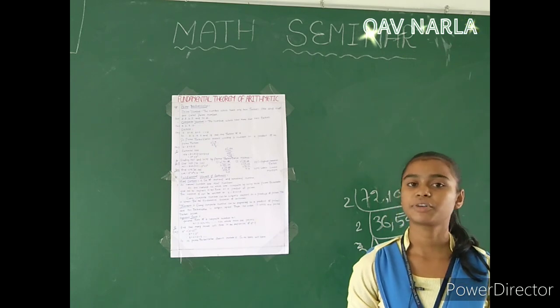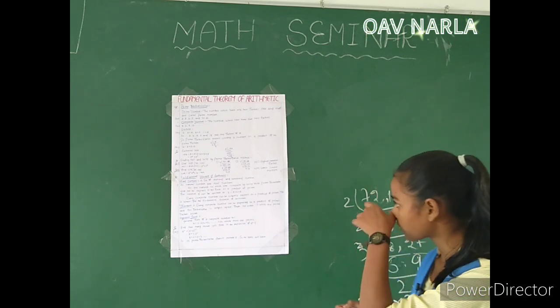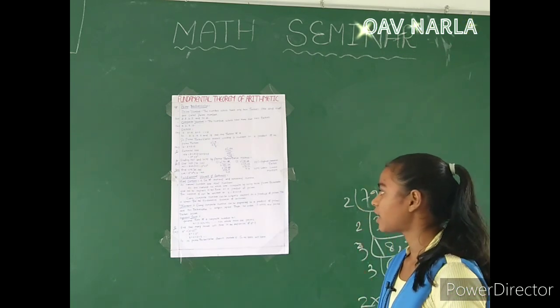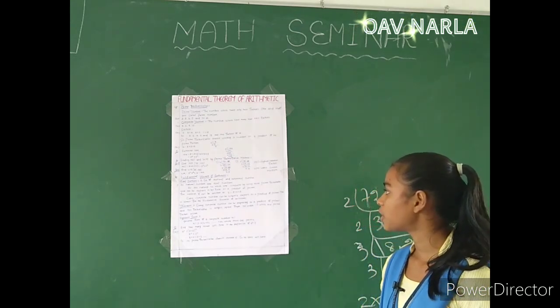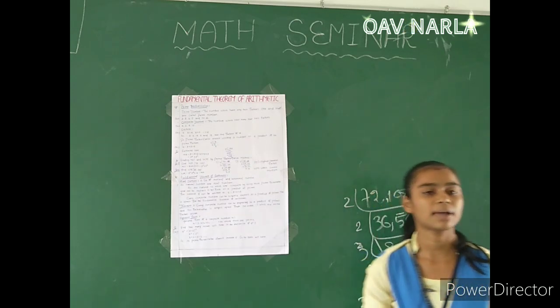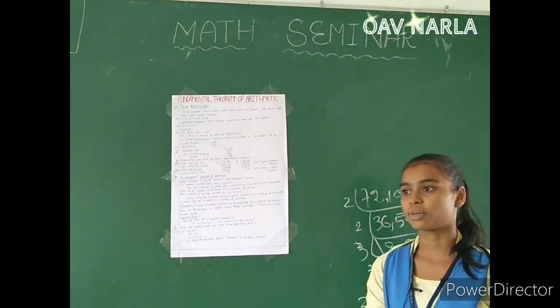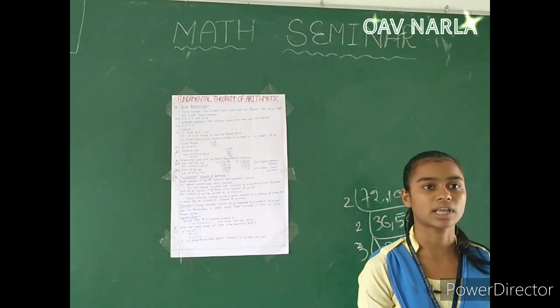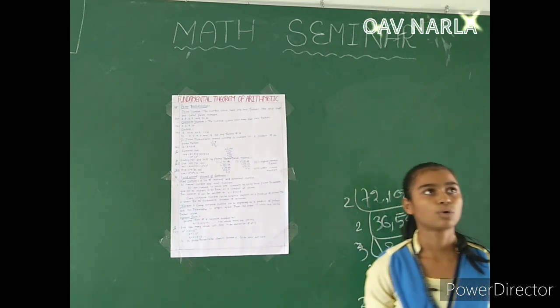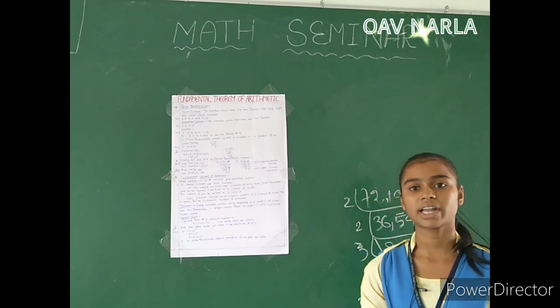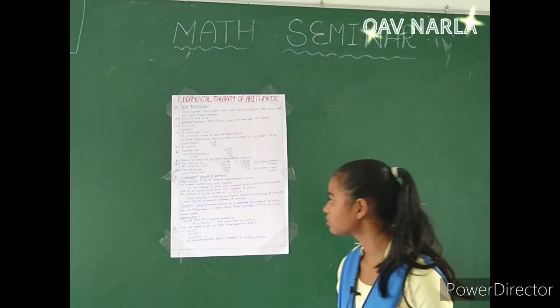For instance, 8 can be written as 2 into 2 into 2, and 18 can be written as 3 into 3 into 2. From this we conclude that every composite number can be uniquely expressed as a product of primes. But prime numbers like 2, 3, 5, 7 cannot be written as a product of primes.